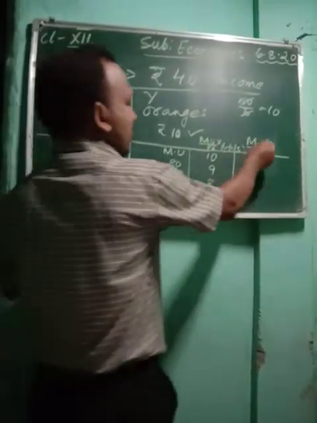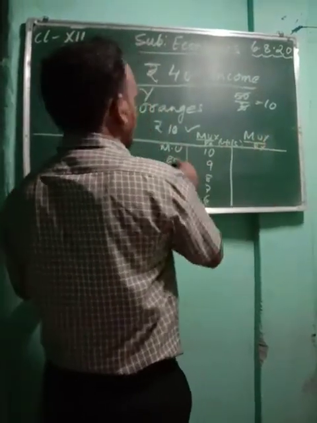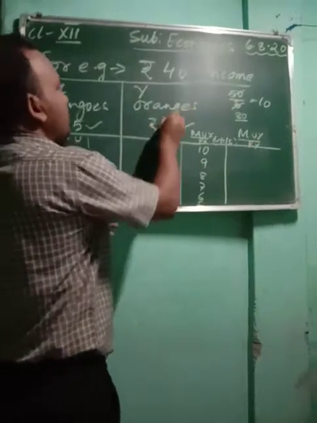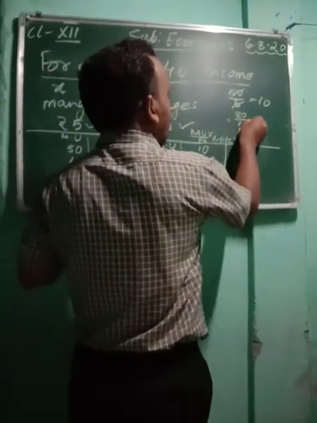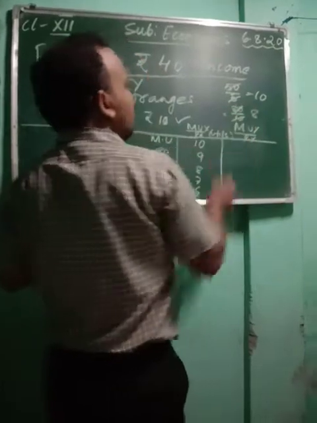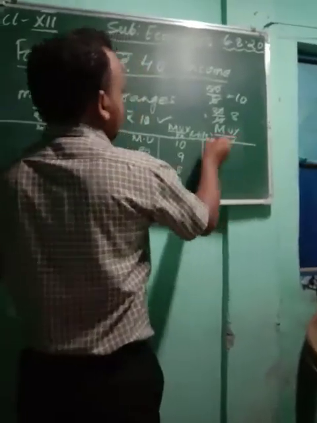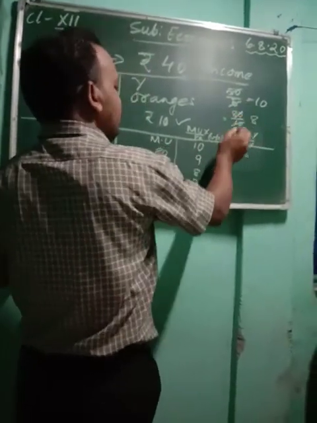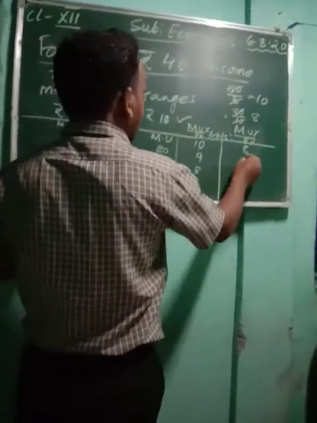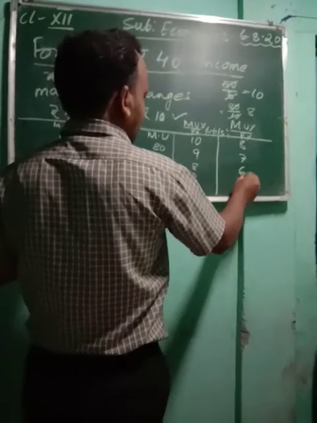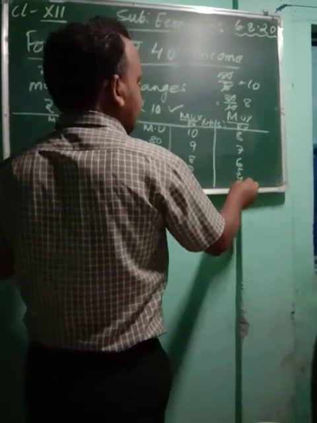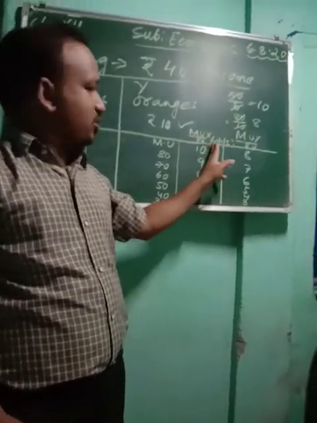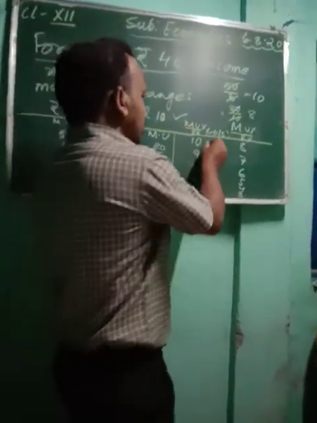Now the same util calculation for Y. The marginal utility of Y is 80, and the price of Y is 10, so 8 will come. 10 8s are 80, 10 7s are 70, 10 6s are 60, 50, 40, 30. So when we divide the marginal utility by price, the util also shows a diminishing order.